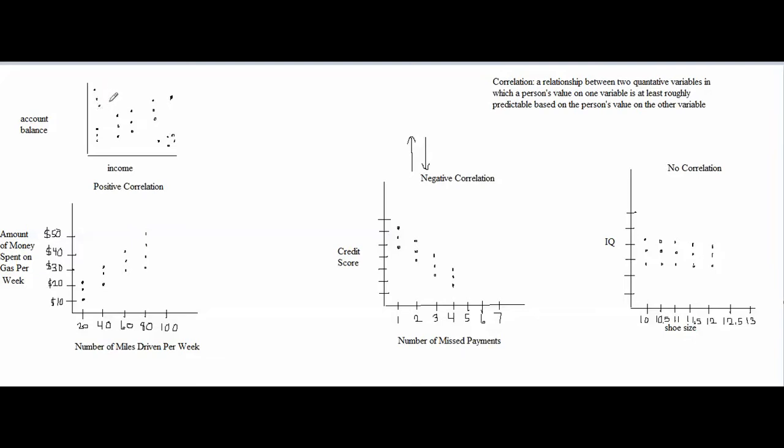There's a lot of people up here, and there's a lot of people down here also, which means that the overall pattern isn't as nice. It's not as consistent as it is down here. So this one would be called a weak positive correlation.